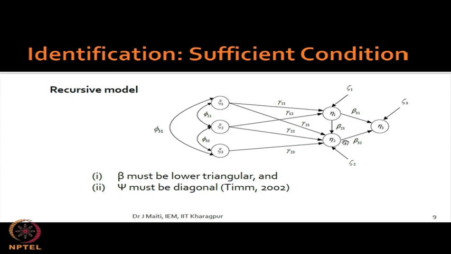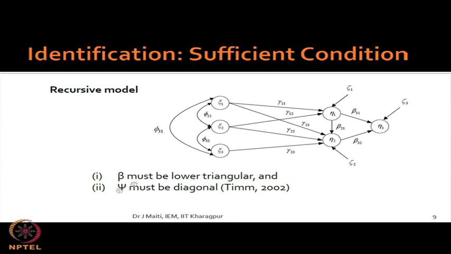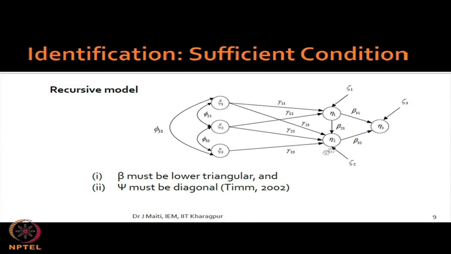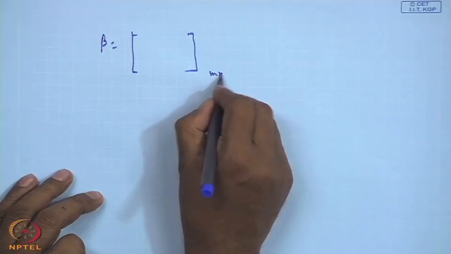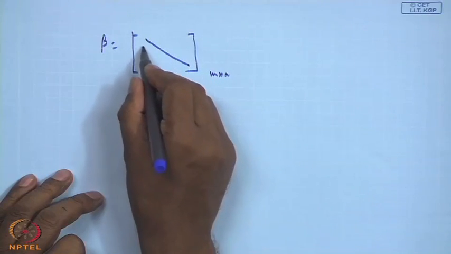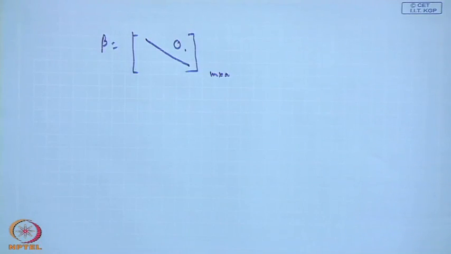For the recursive model properties, you can go through path analysis in detail. Now, in the recursive model, the necessary condition I have described here is that the number of parameters to be estimated must be less than the number of non-redundant elements in the covariance matrix, and the sufficient condition for a recursive model is that beta must be lower triangular. When you talk about the beta matrix, m cross m, it will be lower triangular, this side will all be 0.